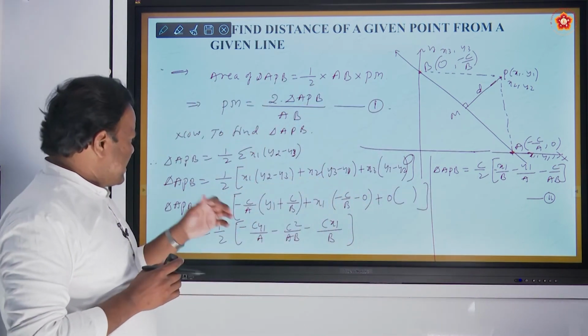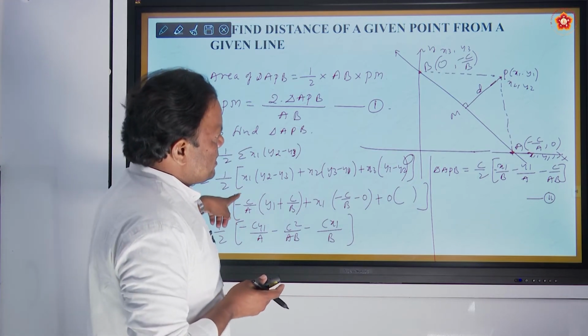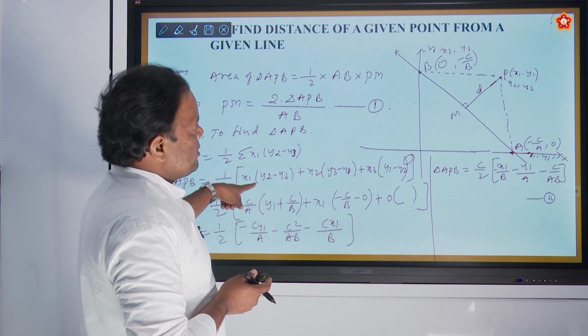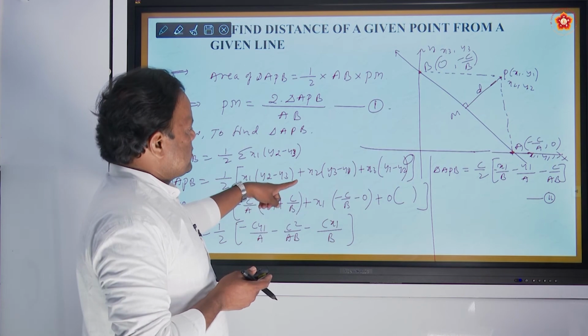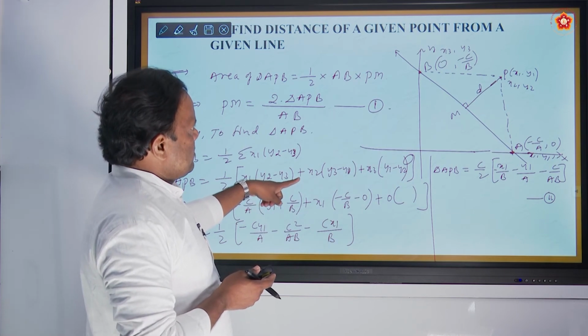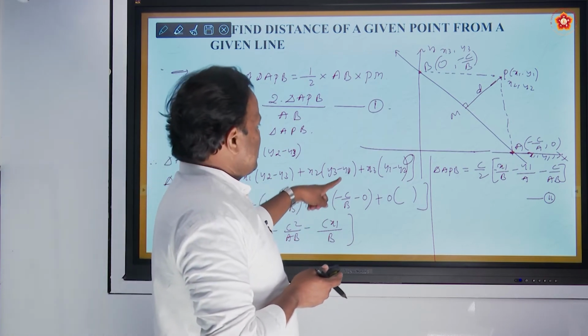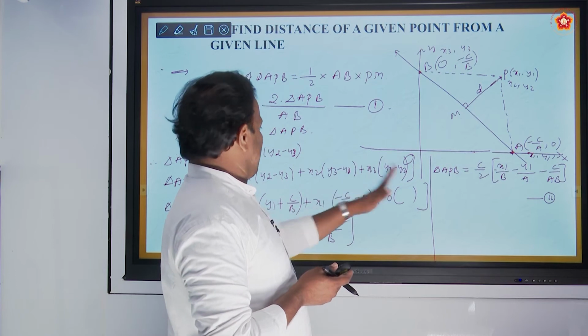So observe here once again whether the calculation is correct or not. x1 is nothing but minus c by a, correct. y2 is nothing but y1, minus y3, plus c by b, plus x2. x2 is nothing but x1. y1 is nothing but 0, correct. x3 is 0, whole 0.